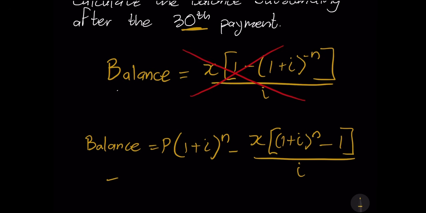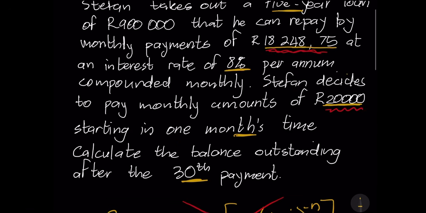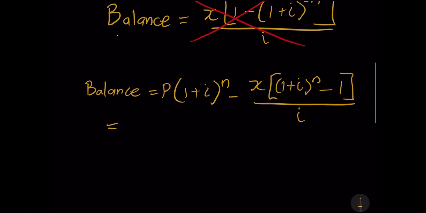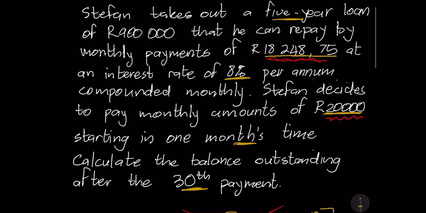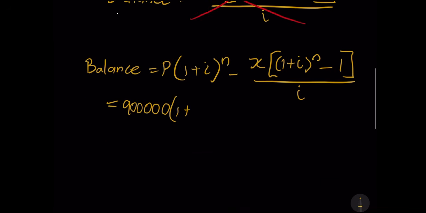Let's substitute what we have. The loan amount was 900,000, so this is 900,000 times (1 plus the interest rate). They said it's 8% per annum, but it is compounded monthly, so this would be 0.08 divided by 12. n is the number of payments already made, so he's made 30 payments.